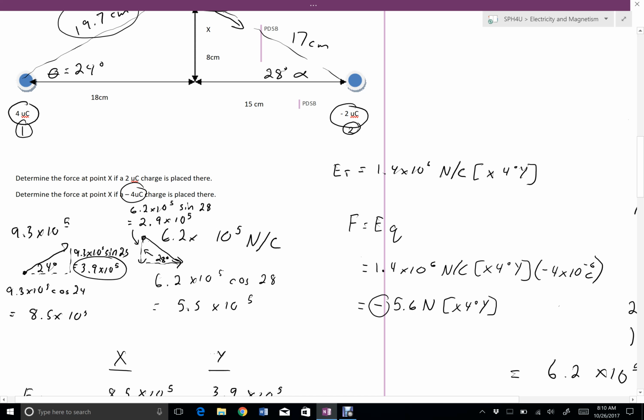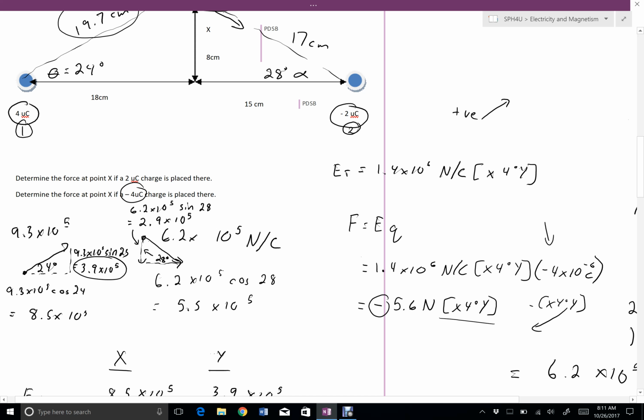And this negative means that I'm going in the opposite direction to this x, 4 degrees, y, which makes sense, because if a positive charge was going to be pushed along x, 4 degrees, y, a negative charge would be pushed in the opposite direction, negative x, 4 degrees, y. So by using a positive test charge, when I multiply by this, it predicts the direction correctly, whether it's positive or negative.